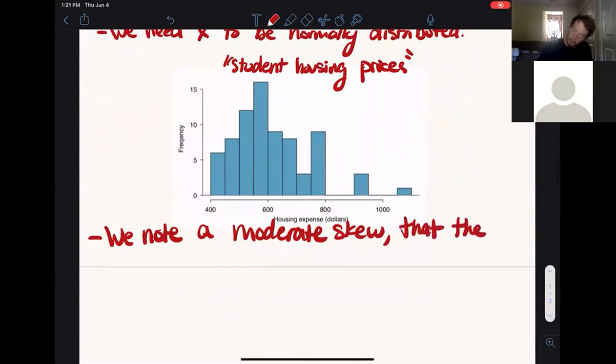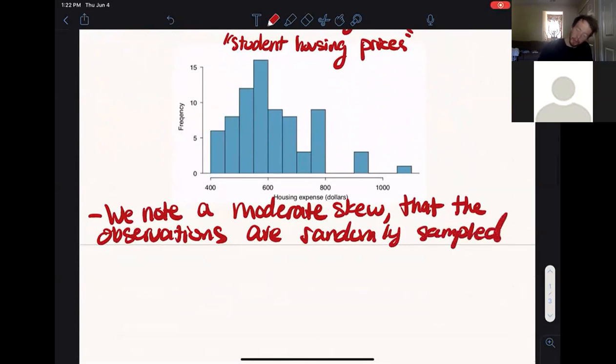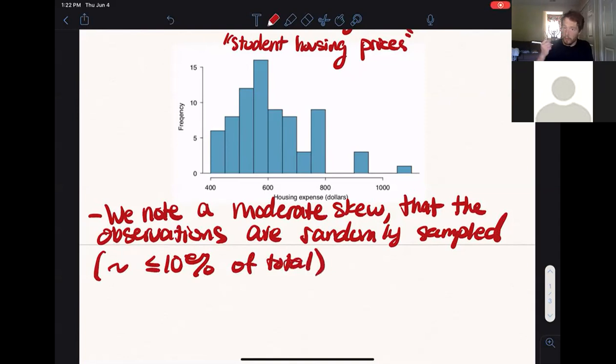That the observations are randomly sampled, right? I'm checking my points for the central limit theorem. I'm also just going to tell you in this case it was less than or equal to 10% of the total. So we have independence, simple random sample, less than or equal to 10% of the total, we're good.